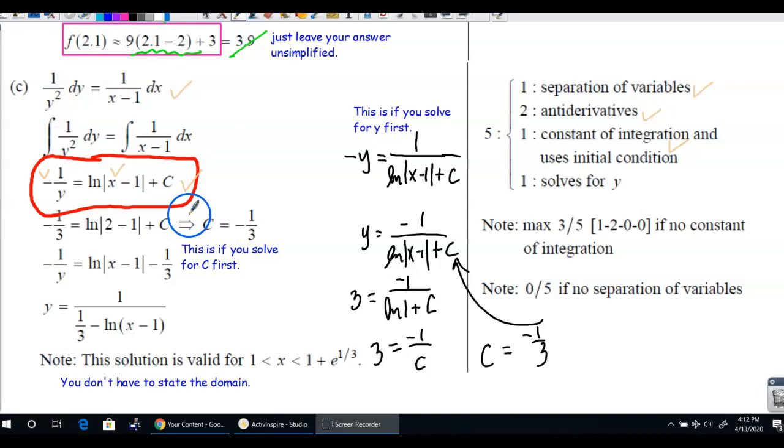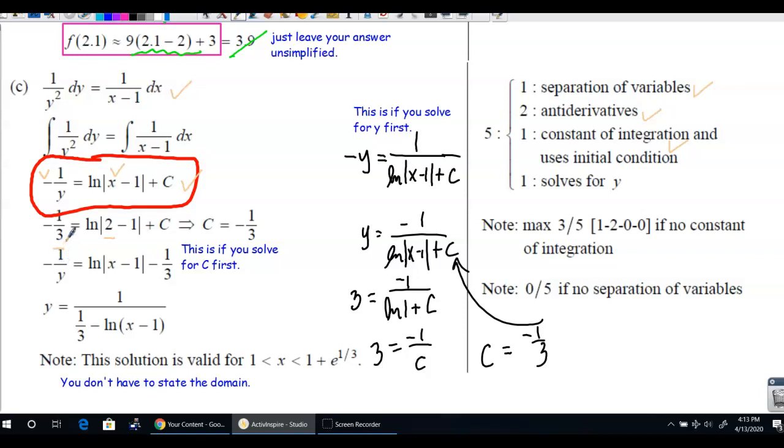Now this is where you have a decision to make. You have to decide if you're going to substitute the x and y value and solve for c first, or if you're going to solve for y first. So over here in the College Board work, they decided to substitute the x and y value of (2, 3) first. And so here's the 2 being substituted, and here's the 3 being substituted.